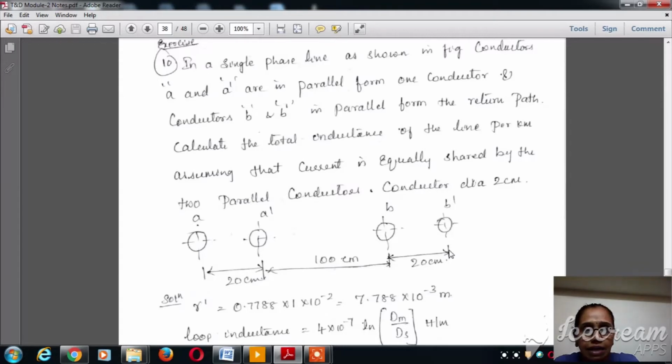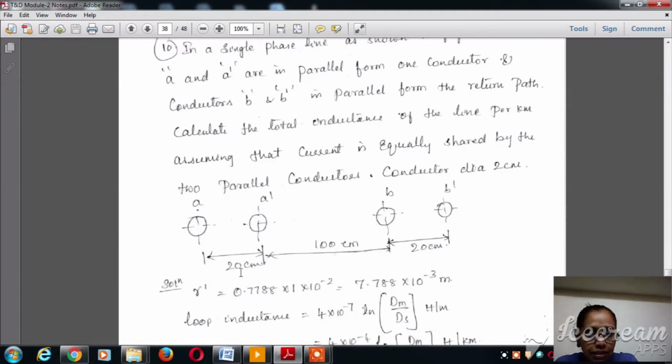In a single phase line as shown in the figure, conductors A and A dash are in parallel to form one conductor, and conductors B and B dash are in parallel to form the return path. Assuming that the current is equally shared by the two parallel conductors, the diameter is 2 centimeters.